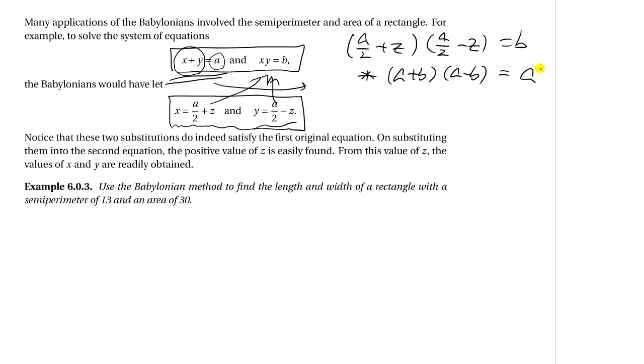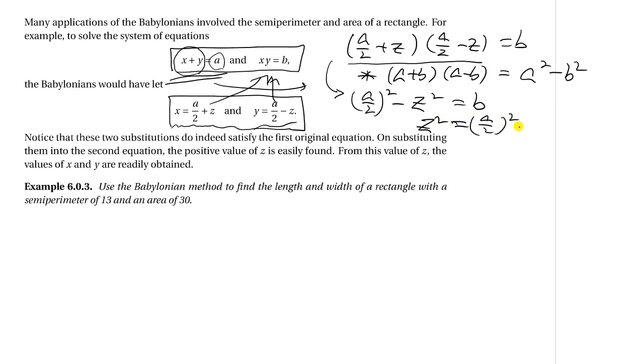In algebra, we know that is a squared minus b squared, right? So this left-hand side is (a over 2) squared minus z squared equals b. So z squared is the same as (a over 2) squared minus b.